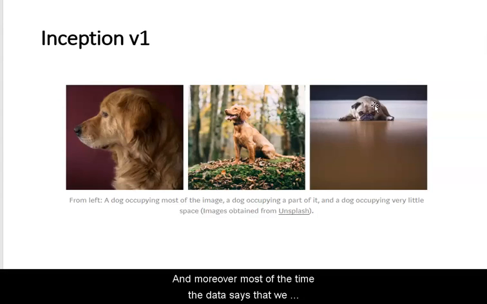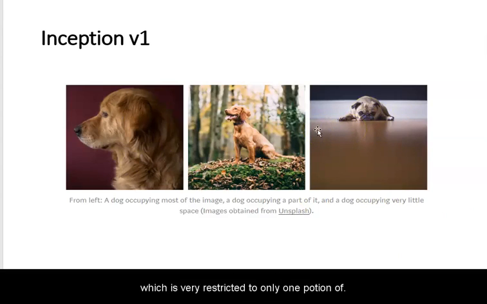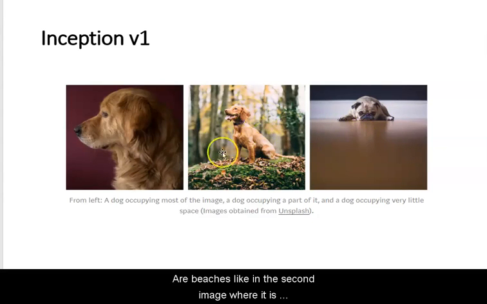Moreover, most of the time the data set that we will have contains all three types of these images, right? Where the information is spread across the entire image, or is very restricted to only one portion of our photo, or is almost in the middle, as in the second image.